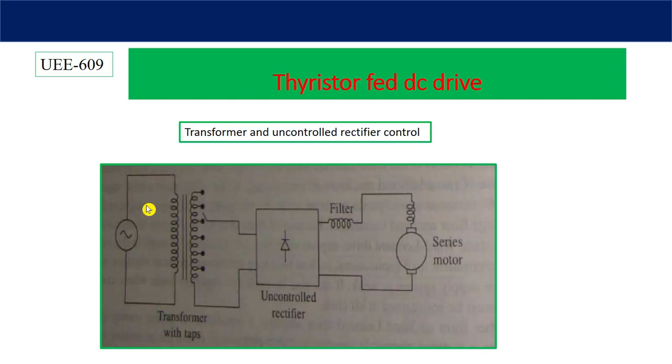That means whatever input voltage we are giving across the primary winding, the same output voltage we will get from the secondary winding, but we will get isolation of the source from the load side. This is generally done for safety purpose, so that any fault in the load side should not affect our grid or input source.